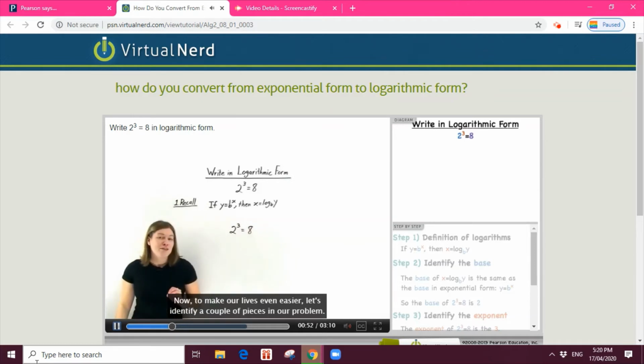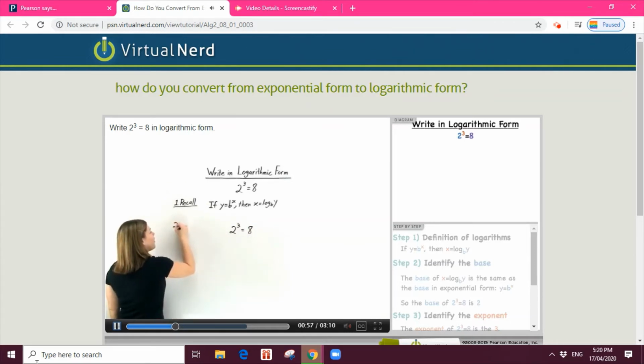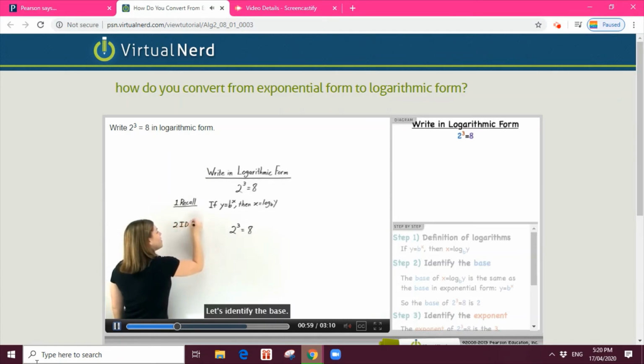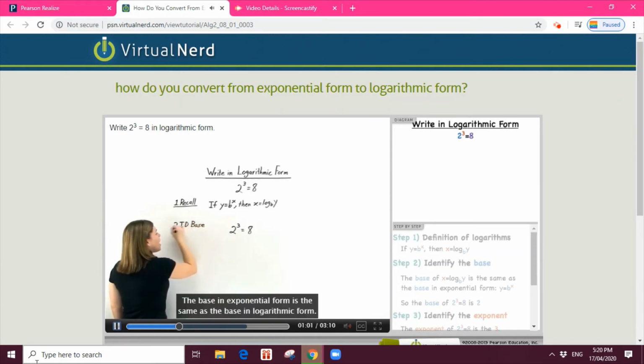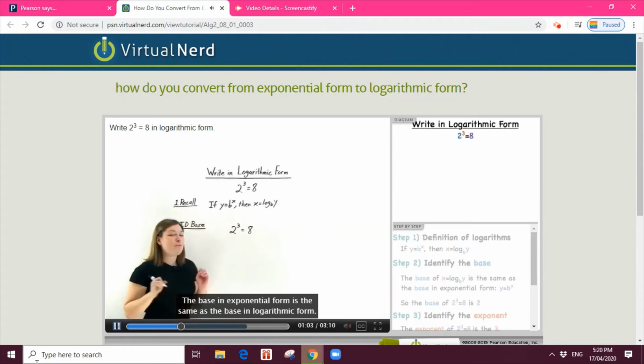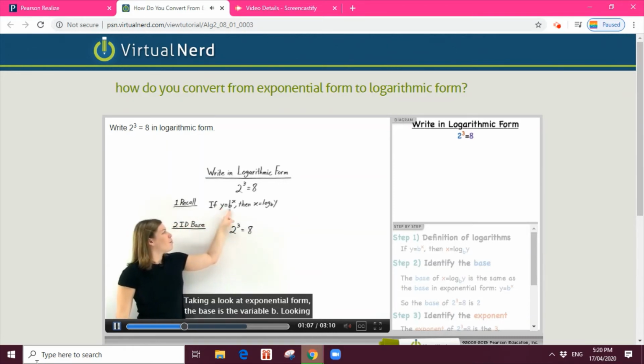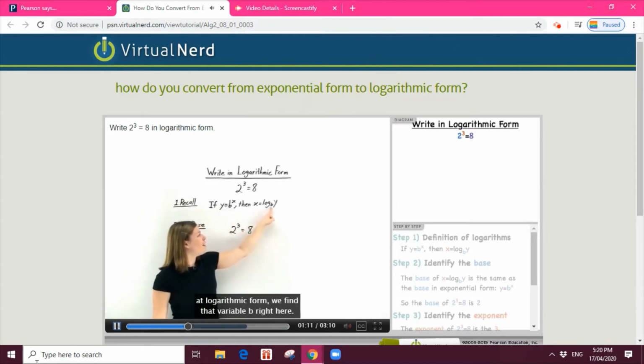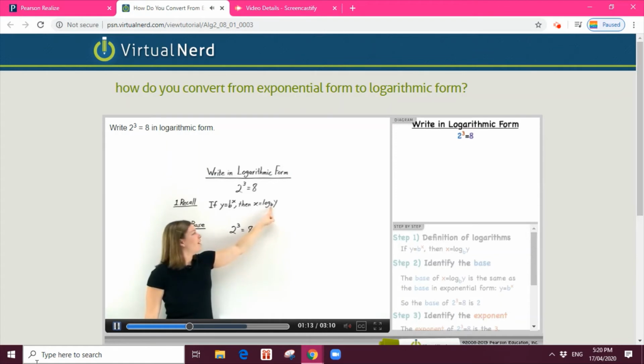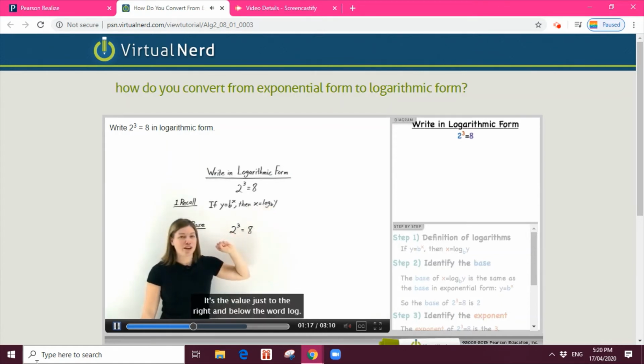Now to make our lives even easier, let's identify a couple of pieces in our problem. Let's identify the base. The base in exponential form is the same as the base in logarithmic form. Taking a look at exponential form, the base is the variable b. Looking at logarithmic form, we find that variable b right here. It's the value just to the right and below the word log.